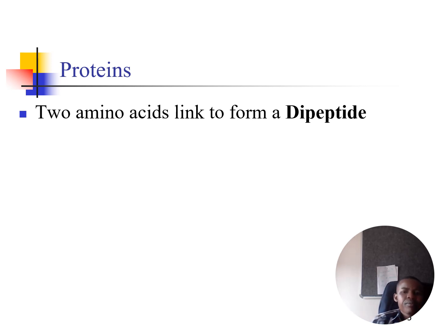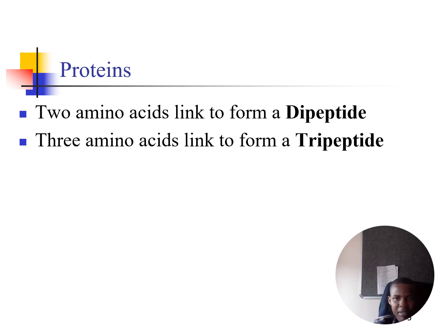When two amino acids link together, they form what you call a dipeptide. When three amino acids link, they form a tripeptide.